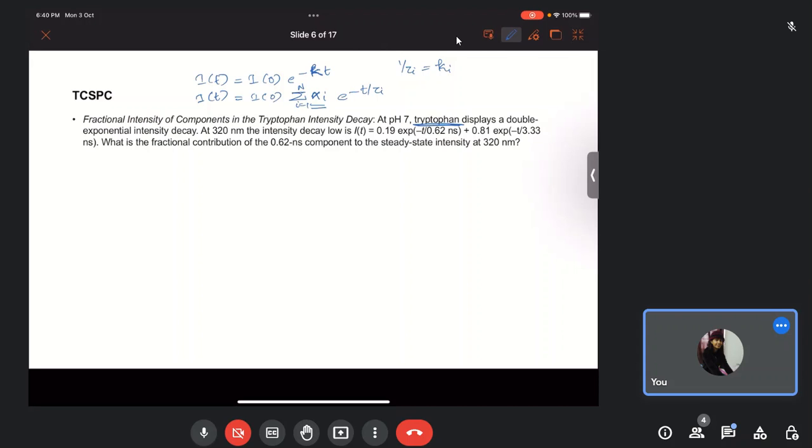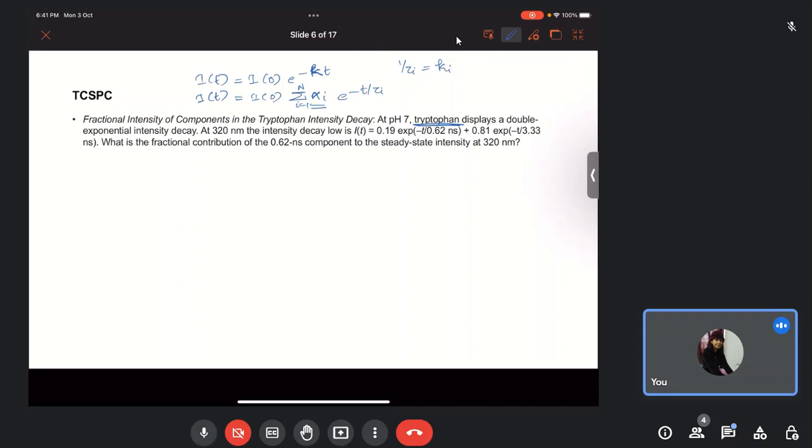So if a tryptophan has a different sort of environment, it can contribute differently towards the steady state fluorescence intensity.